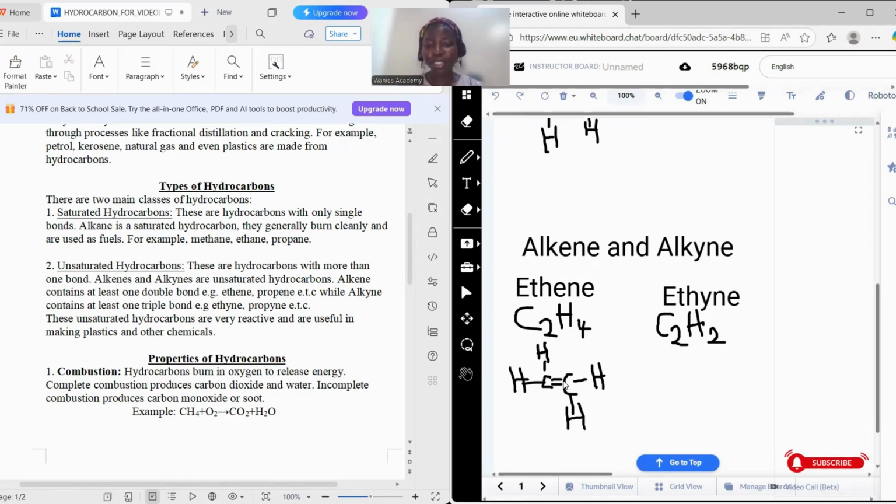While that of ethyne exhibits a triple bond. If we are to write C2H2, we are left with this.